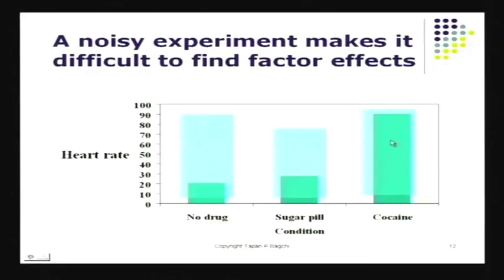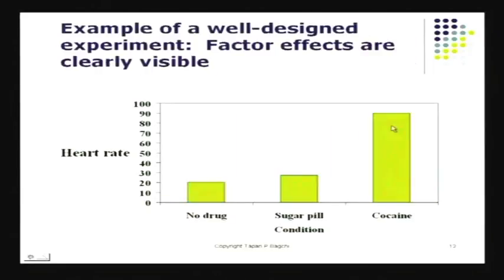The lesson from this is, when you're trying to conduct experiments, don't run the experiments under these conditions. Try to arrange your experimental conditions in such a way that you end up with results that are like this. Except in a very special case, when you want noise also part of your experimental study.